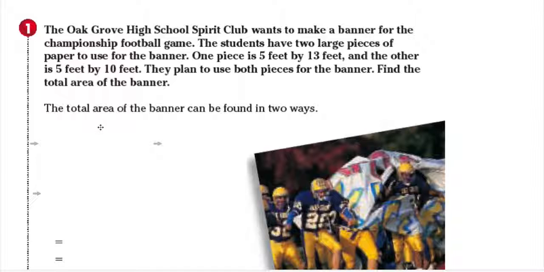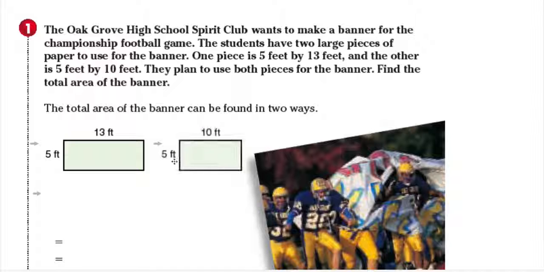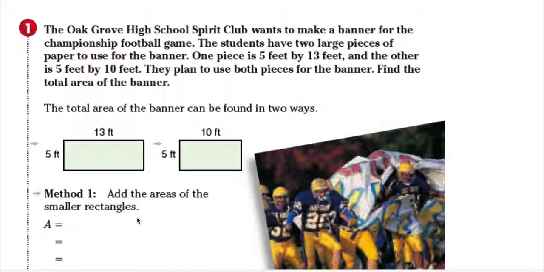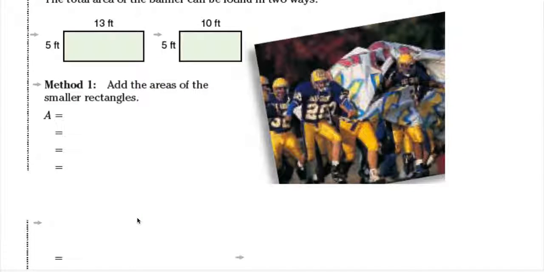Okay, the first method, you have your rectangle, and it's 5 feet by 13 feet, one piece of the banner. Another piece of the banner is 5 feet by 10 feet. So method 1 would be add the areas of the smaller rectangles. We know for a fact that the area of a rectangle is length times width.